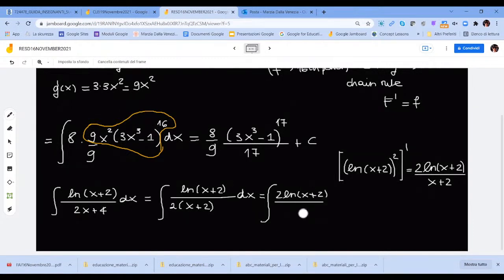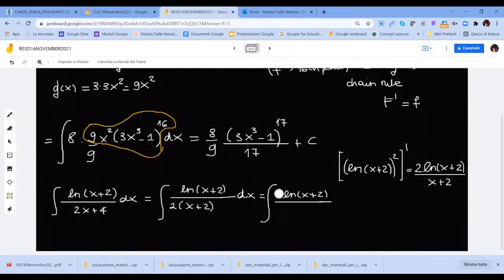Of course, the derivative of x plus 2 is 1, because you have to multiply by the derivative of the argument of the power, the square. If you had 3x inside, you would have had to write 3, or something else.